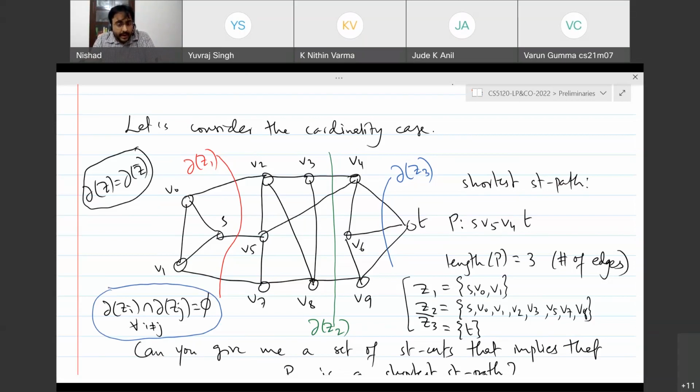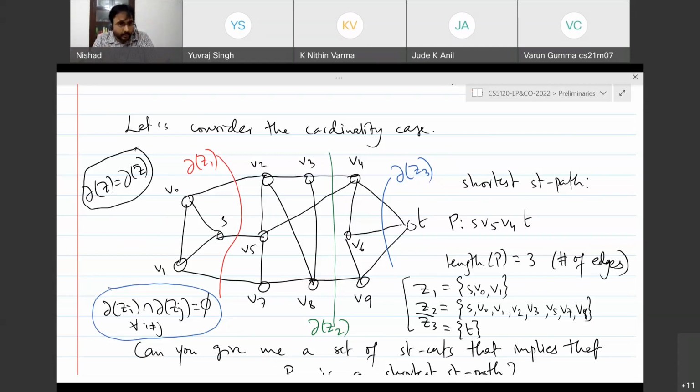Which means in any ST path, you have to use at least one of the red cut edges, one of the green cut edges, and one of the blue cut edges. That means you need to use at least three edges. So that gives you a lower bound on the cardinality of any ST path. The fact that you can always find such a collection of cuts is something we'll be proving as a consequence of linear programming theory.